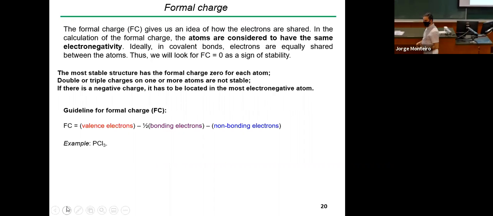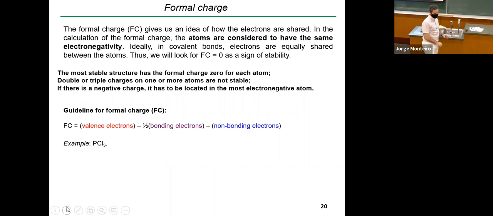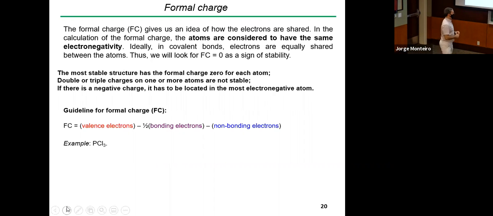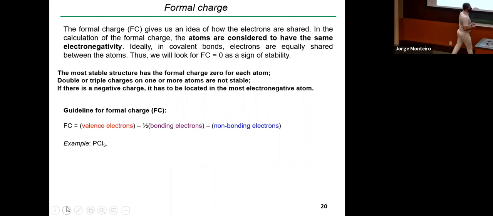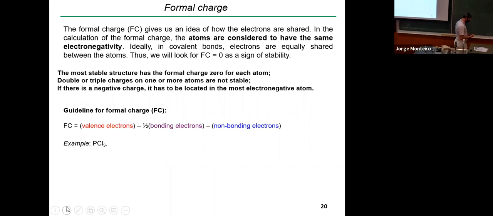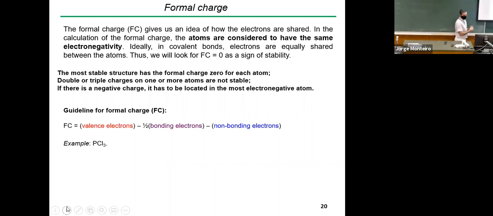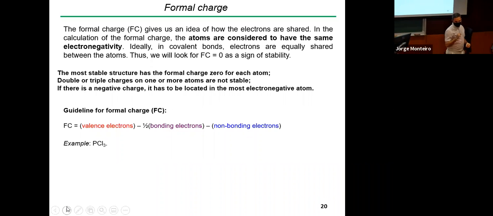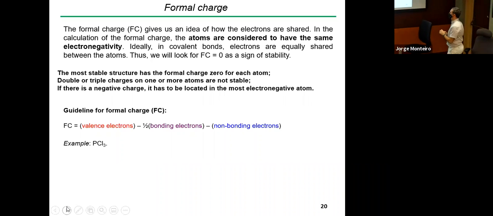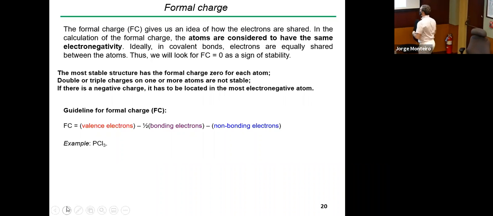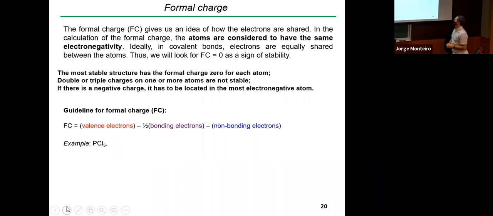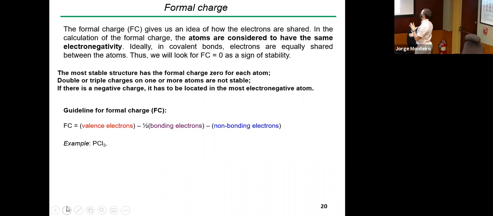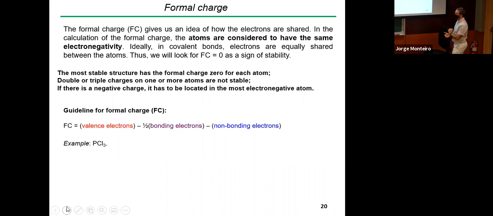So formal charge is the ultimate decision maker regarding a Lewis structure. We are always looking for formal charge 0. If we need a negative charge, it has to be located in the most electronegative atom.